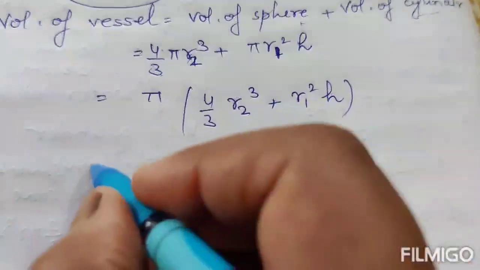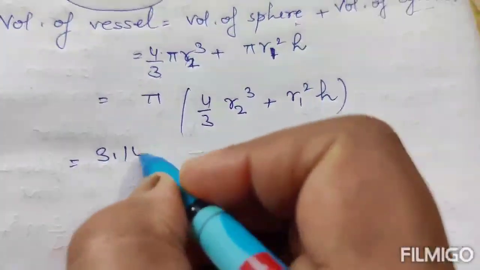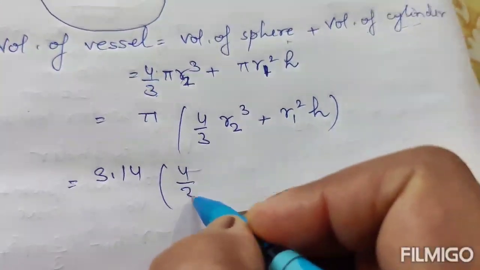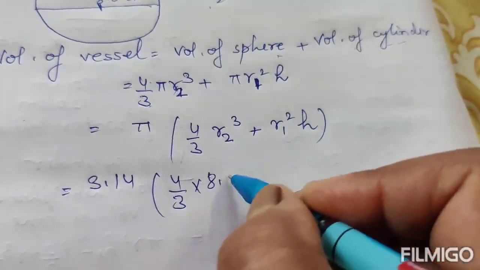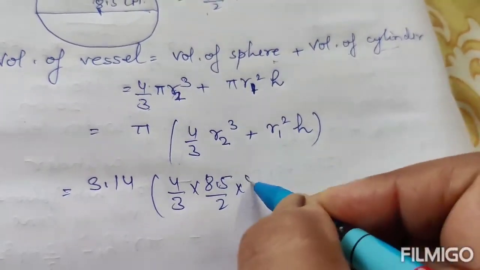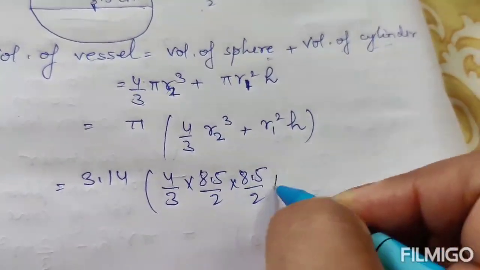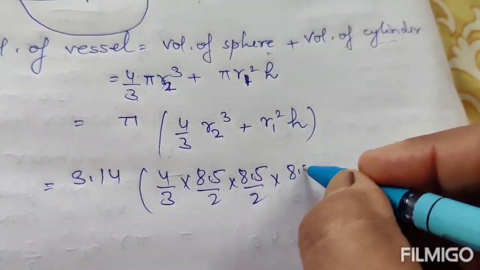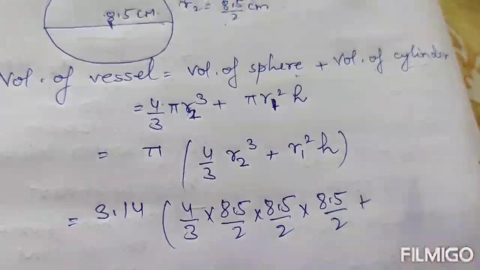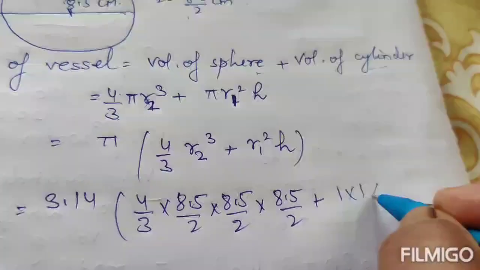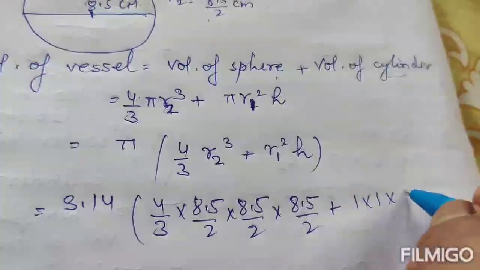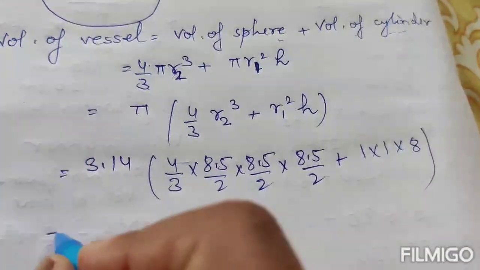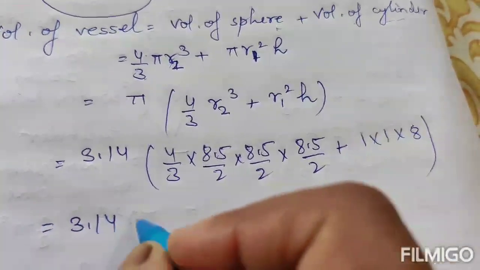Now put the values. Pi is 3.14. 4 by 3 into 8.5 by 2 into 8.5 by 2 into 8.5 by 2 plus r1 square 1 into 1 into height is 8 centimeter. Solve.